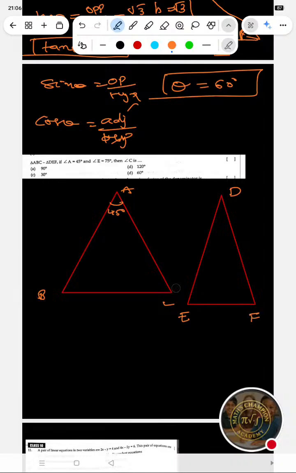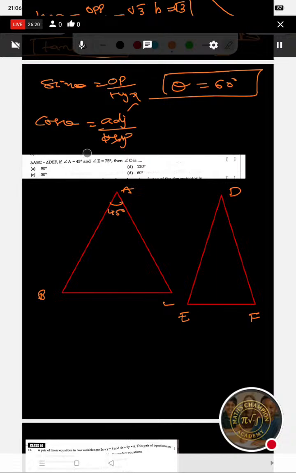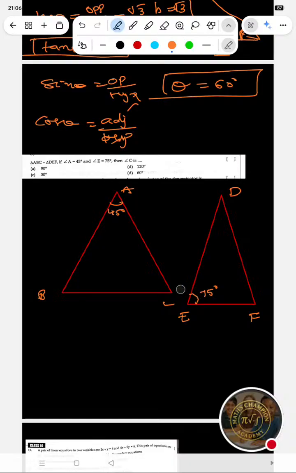In similar triangles, corresponding angles are equal. Angle E is given, it is 75 degrees. Then we are asked for angle C.